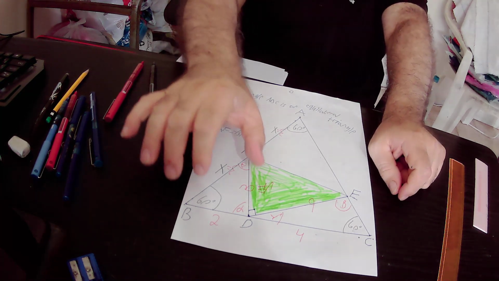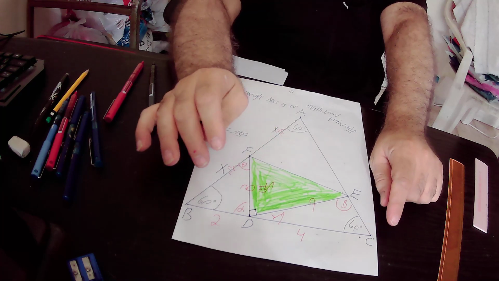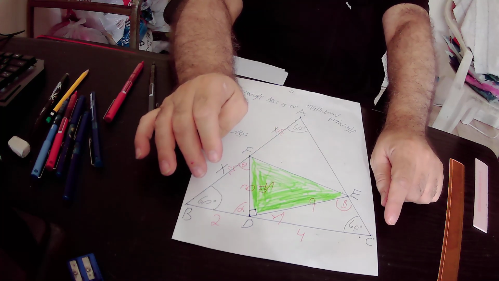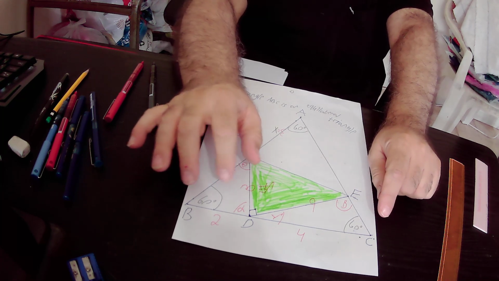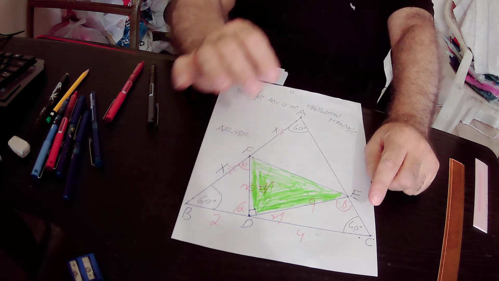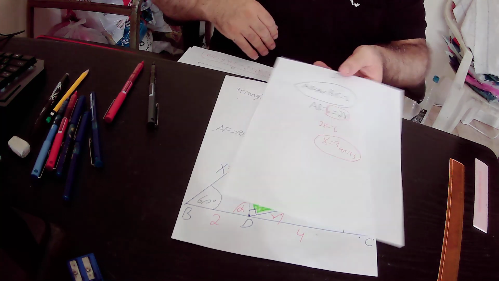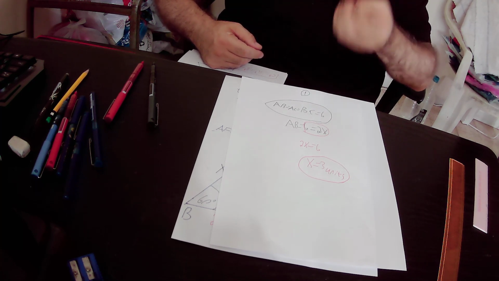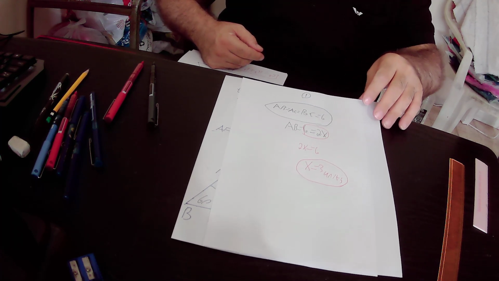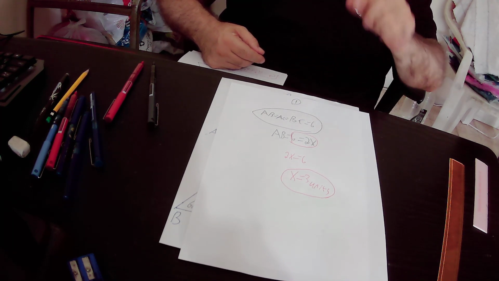But we know that BD equals 2 units and DC equals 4 units. So the size of BC is 2 plus 4, that is 6 units. Because all the sides of any equilateral triangle are equal to each other, we can say that AB equals AC equals BC equals 6 units.